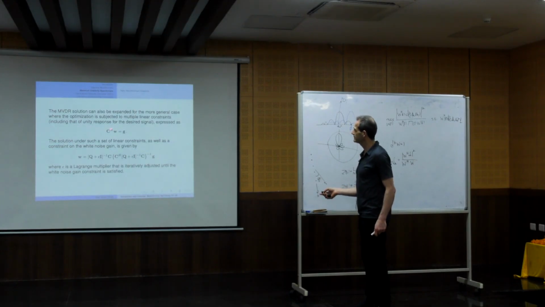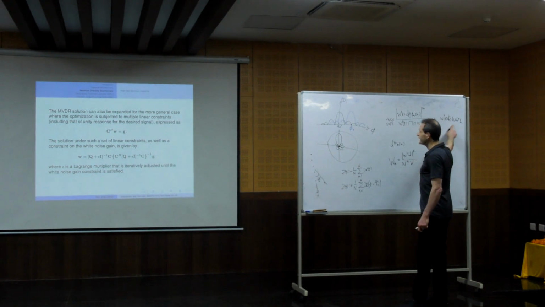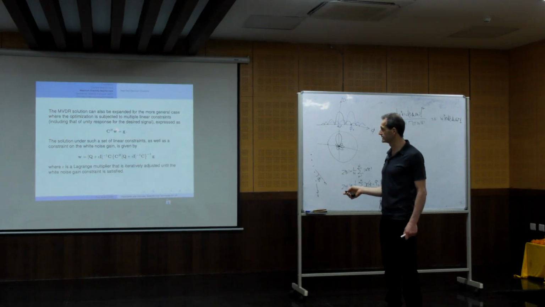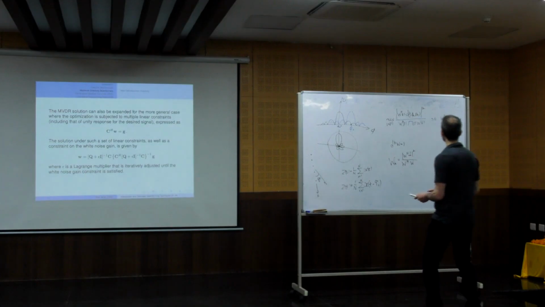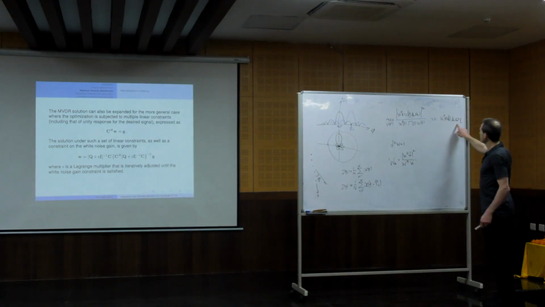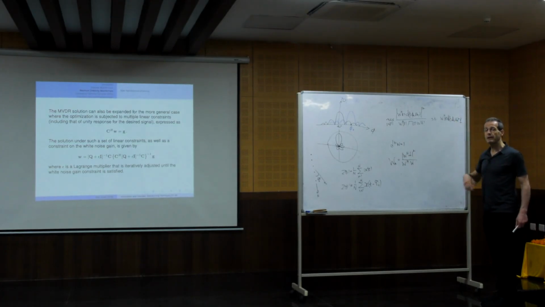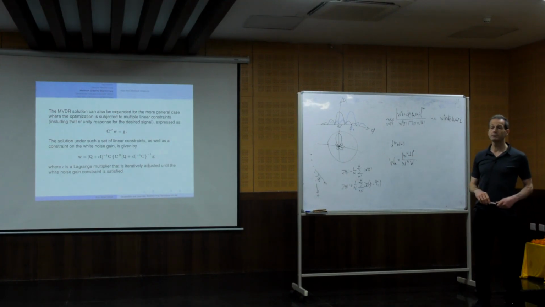Instead of just one constraint here, I can add several constraints. These are called linear constraints. For example, what I write here is that I want constant gain for a certain direction. Maybe I have other directions in which I want to keep nulls.